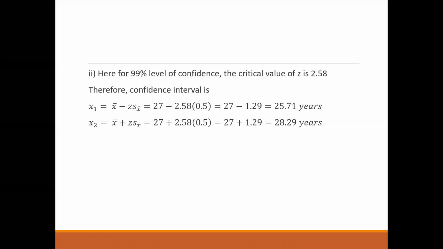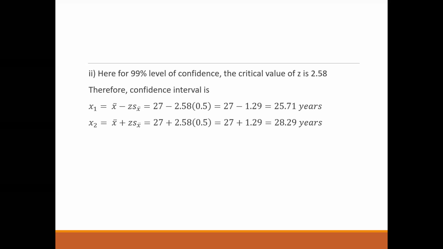And similarly for x2, I'm getting 28.29. Okay, so it simply means that the value of mu, or the average age of the workers, will lie between 25.71 to 28.29 at 99% level of confidence. Clear?